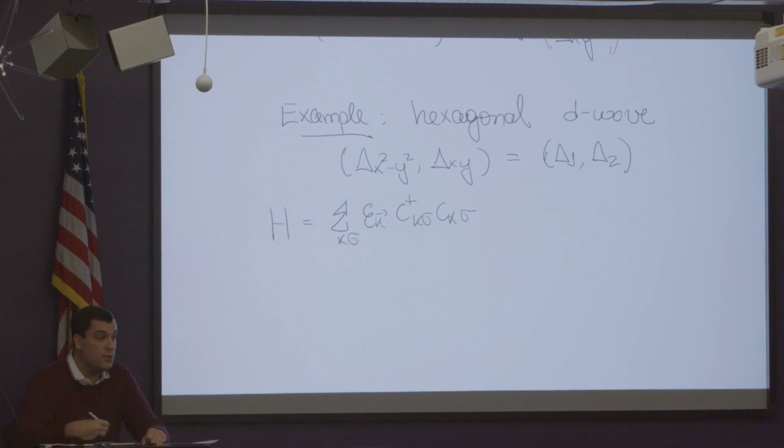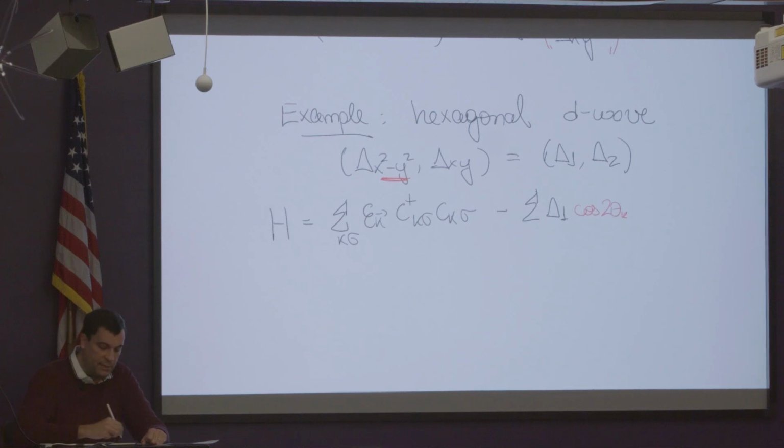And now I need to introduce the 2 gaps. Now, for delta 1, I have to be careful how I couple it to the electrons. There is this x squared minus y squared form factor. It means that I need to couple it to a cosine of 2 theta, the angle.